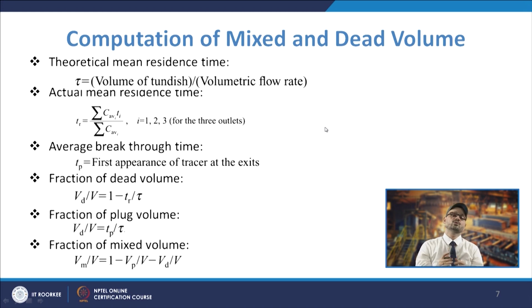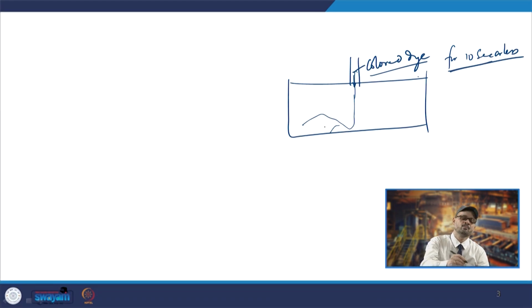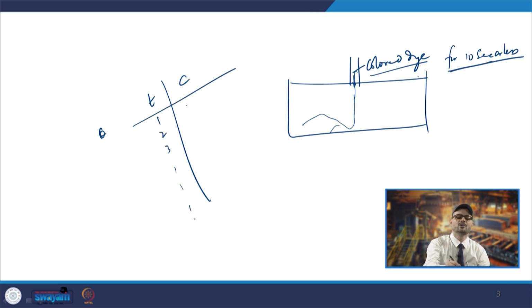Normally you have to get a file which gives the concentrations coming out through the particular outlet with respect to time. So, you have time 1 second, 2 second, 3 second and so on, and you will have the concentration values, which will normally initially increase and then decrease.